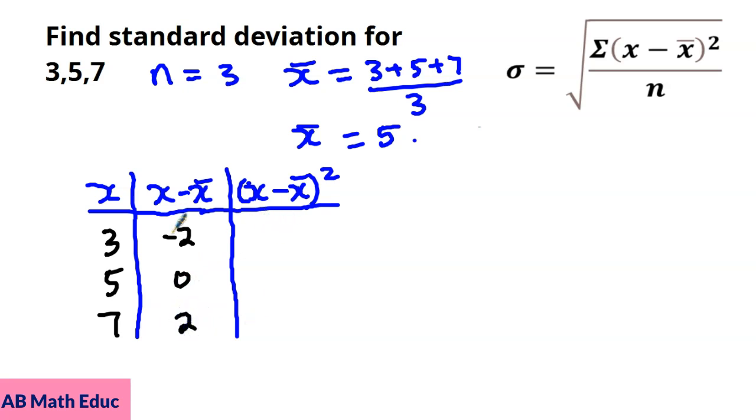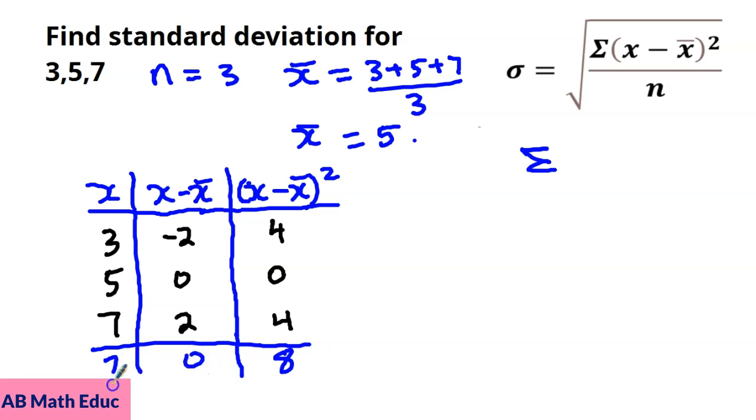And then here, when we square negative 2, we will get 4. Square that, we get 0. Square that, we get 4. Now we need a total because of the summation, and we need only this one, and that will give us 8. That's all that we are interested in. Here will be 0. Here we don't really need it in terms of this formula.